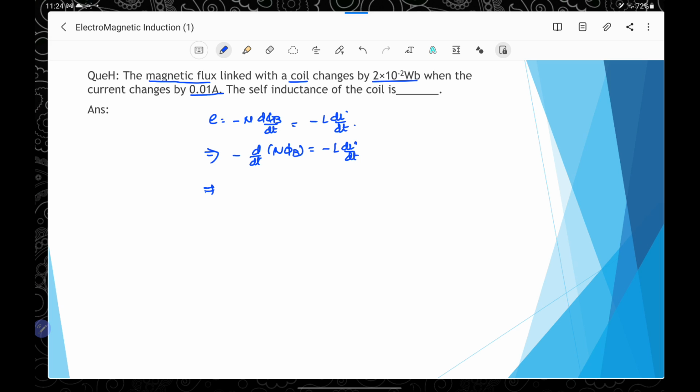Because minus minus get cancelled, these only give the direction as per Lenz's law. Therefore, d by dt of total flux will be equal to L dI by dt. Now we put the values given. The change in the flux is 2 into 10 to the power minus 2, and it is equal to L into.